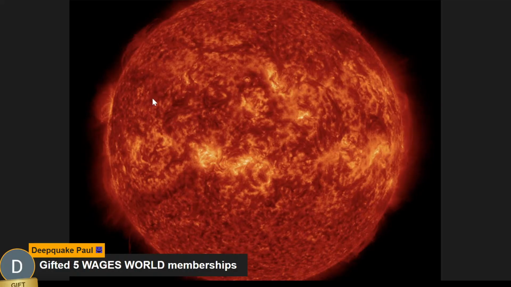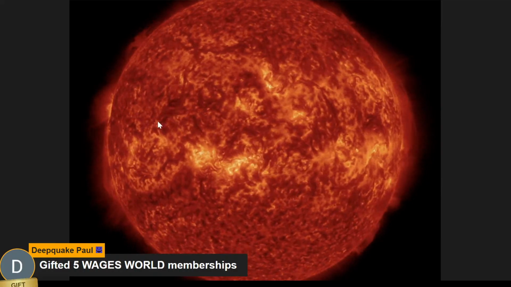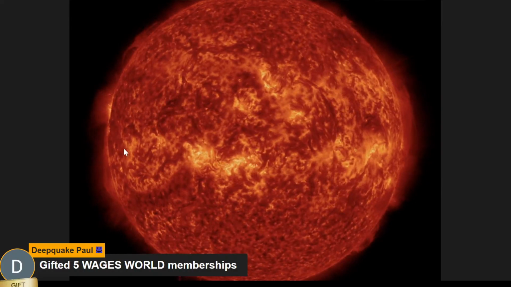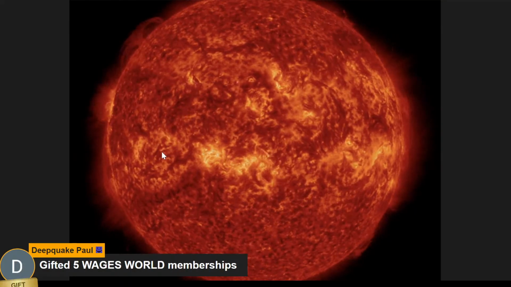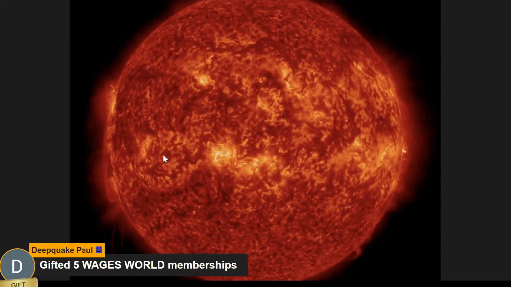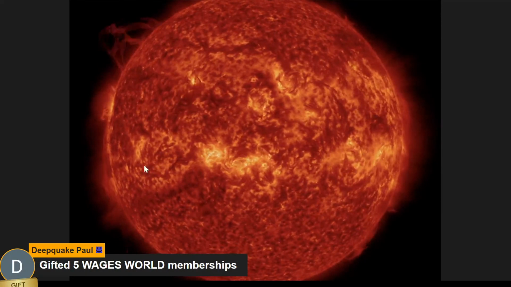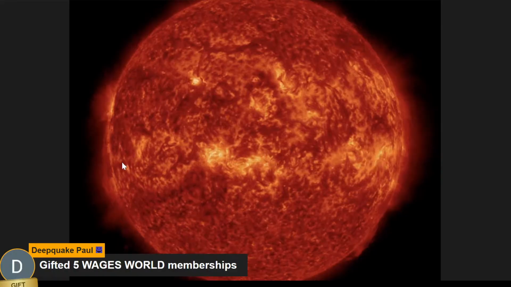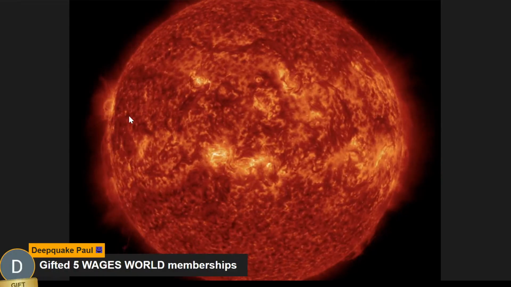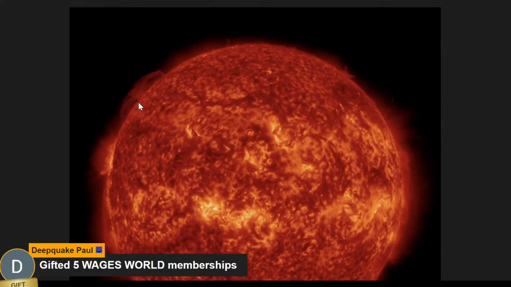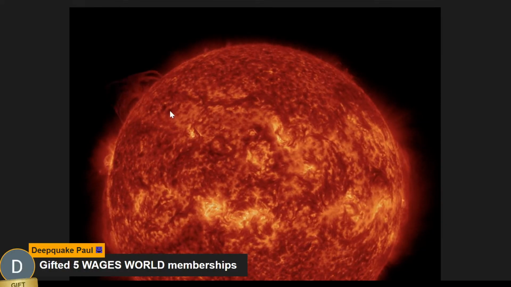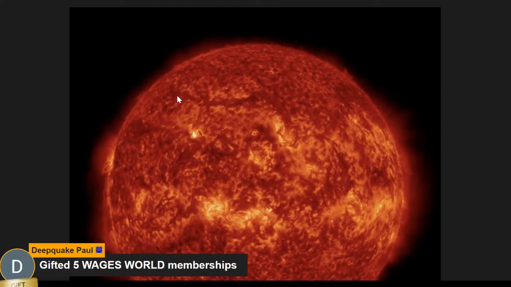But there was an eruption here, and this one here, it's hard to tell because there's so much going on. There was an eruption there. Then watch right here. There's so much going on right now, guys. I'm telling you. Now watch up here too. See that one? Look at that. That's plasma.